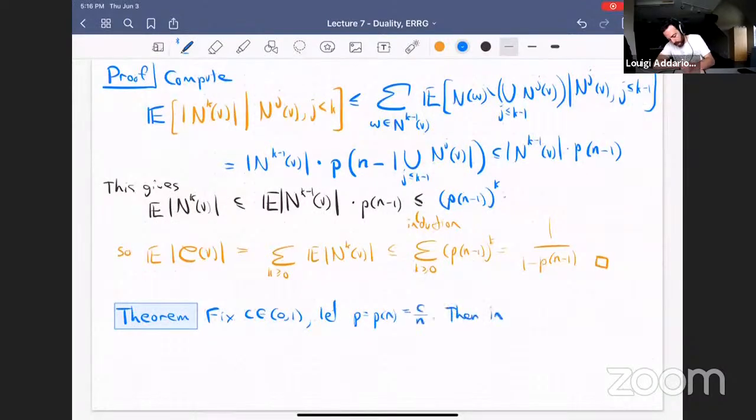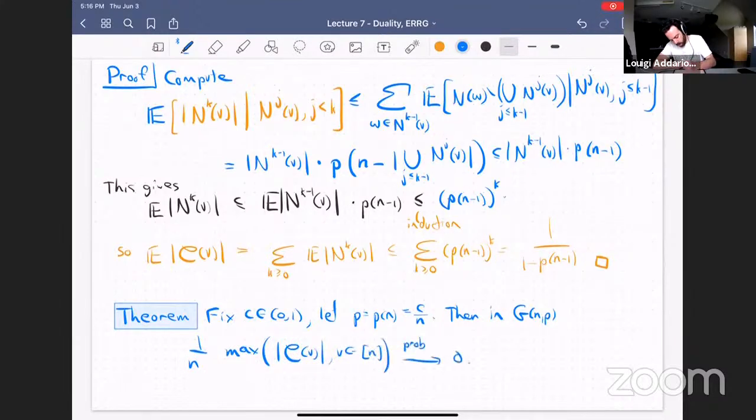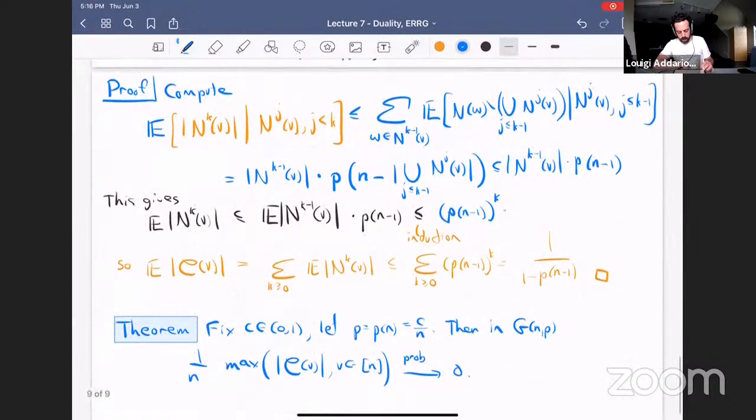Then already from this bound, I can get that in G(n,P), the size of the largest component is sublinear. That's not hard to see from this bound, so it's an easy proof, but it gives me the chance to introduce a tool that I'll use repeatedly. So I'd like to do that now.